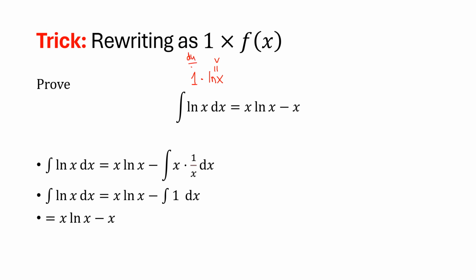We're going to call du dx to be our 1, and when we apply that, we see that the last integral is going to be dv dx, which is 1 over x, and u is going to be x. And that integral simplifies to just 1, and therefore our question is solved.